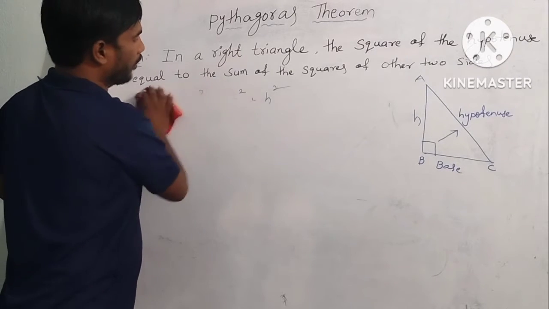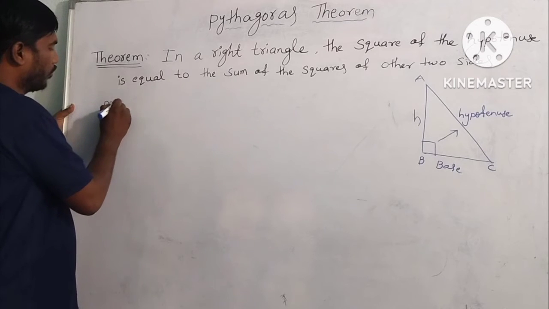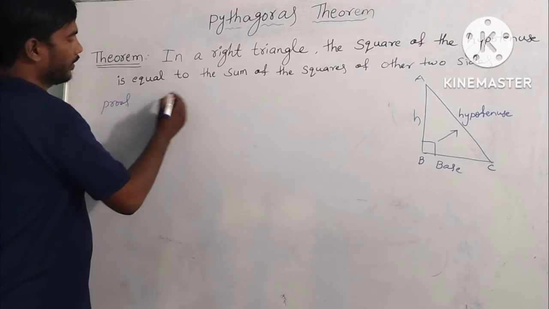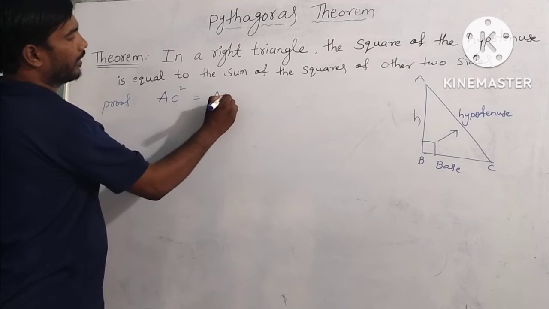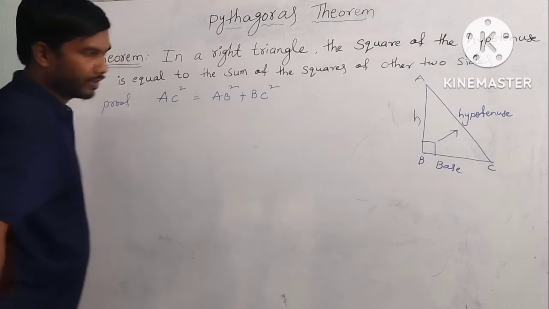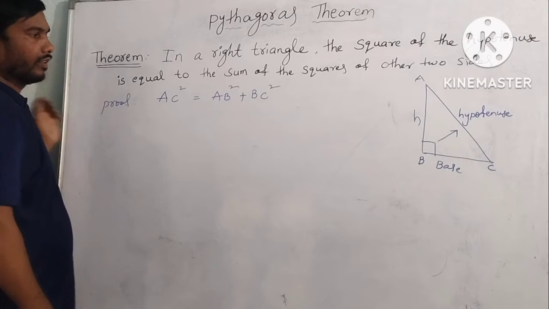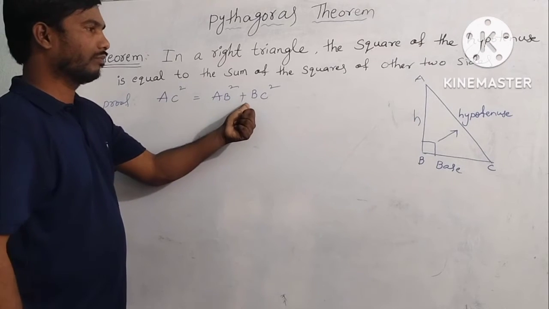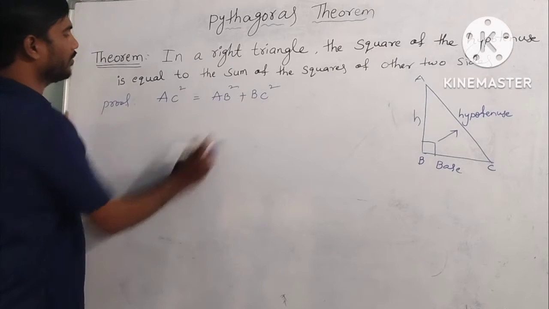Now the proof of this theorem. Proof of AC square equals AB square plus BC square. Hypotenuse square equals base square plus height square, both the same.